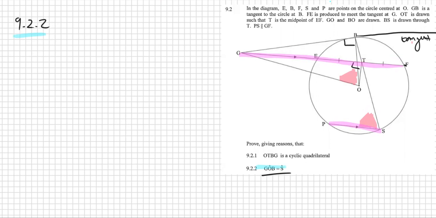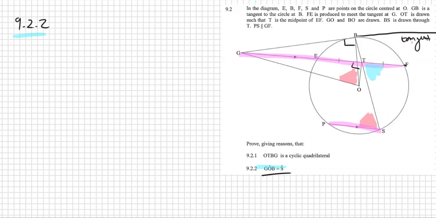So looking at it, we want to somehow get the angle S to the angle GOB. So, well, S is equal to STF because of the parallel lines. It's an alternate angles situation.